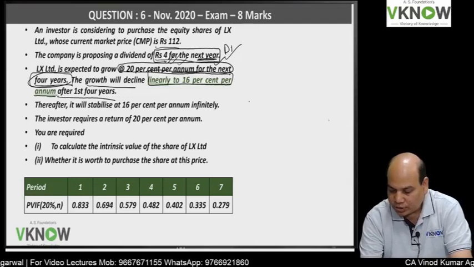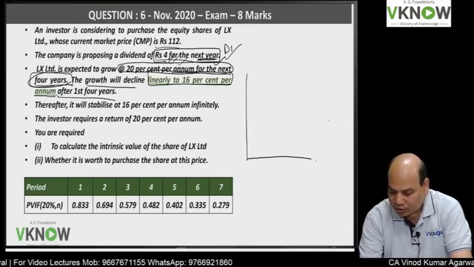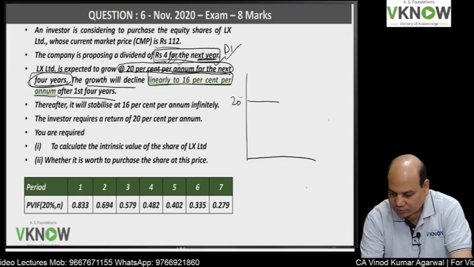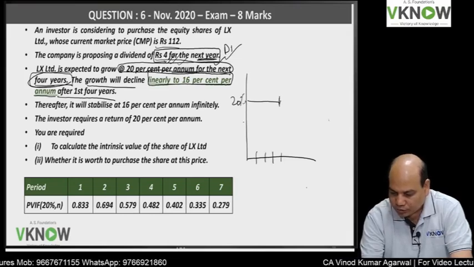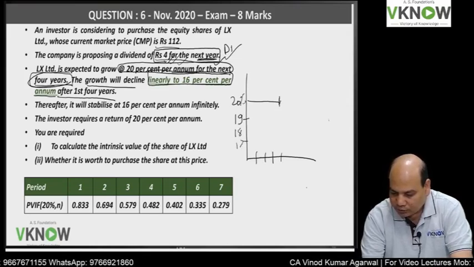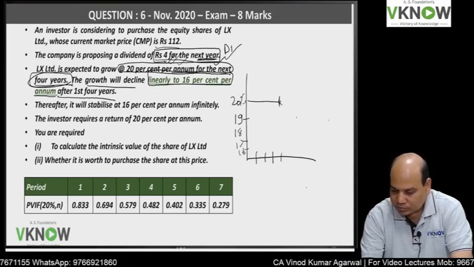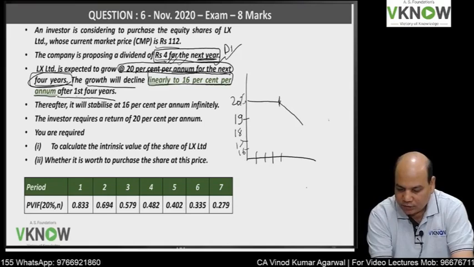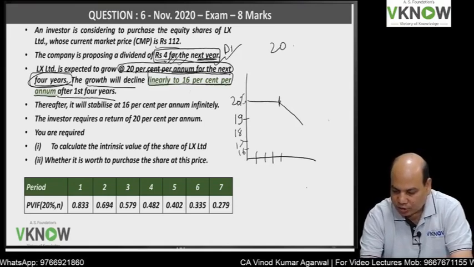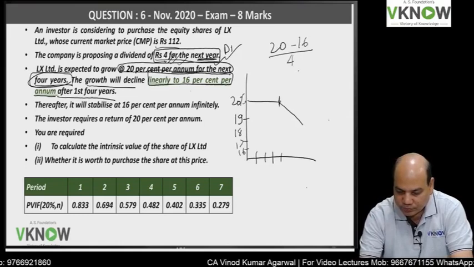So see, suppose I draw a line, the growth rate will be 20% for year 1, 2, 3, 4, and then it will decline every year to 16%. From 20 it will become 16 over the next 4 years.